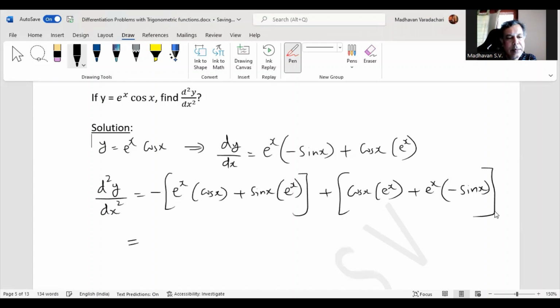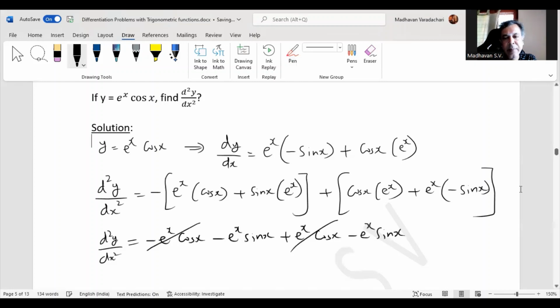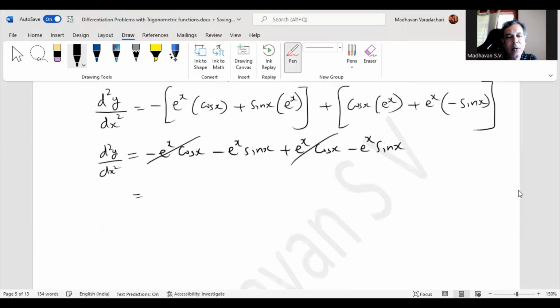So d2y by dx squared is minus e power x cos x minus e power x sin x plus e power x cos x minus e power x sin x. So this minus and plus get cancelled. So we will have now minus 2 times e power x sin x. That is our second derivative of the given function.